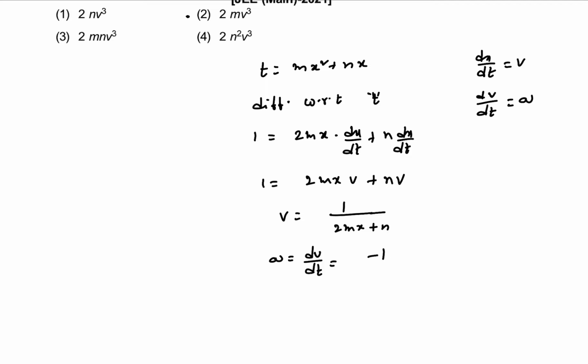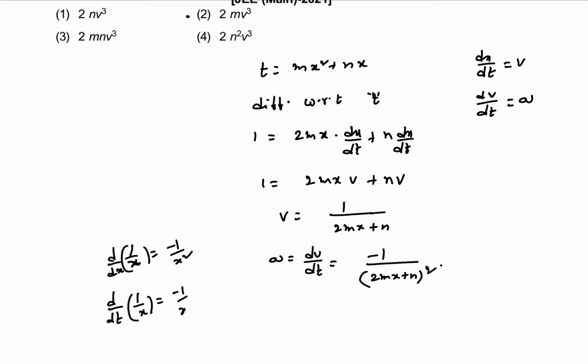Again differentiate this. I need acceleration, that value is dv by dt, minus 1 by (2mx plus n) whole square into differentiation of 1 by x is there, no? The differentiation of 1 by x is equal to minus 1 by x square. Now I am doing with respect to t, no?